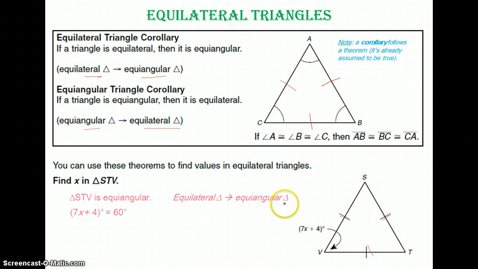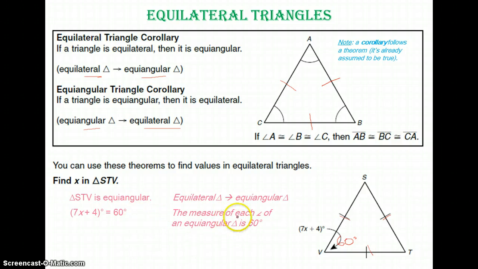And now let's think about what's happening with our degrees. If all three angles sum to 180 and all three angles are congruent, then each angle must be 60 degrees. So I can simply substitute 7x plus 4, and that should equal my 60. So 7x plus 4 equals 60 degrees here.